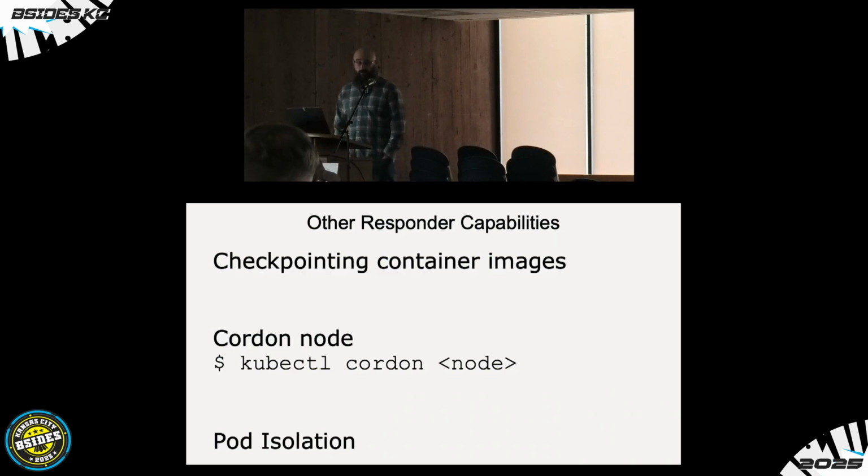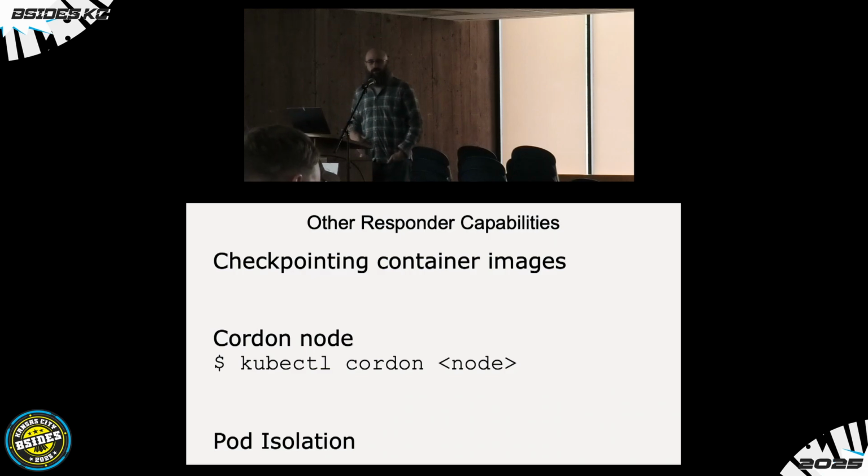We can cordon off a node. For XMRig itself, since XMRig got deployed as a daemon set, we don't want to cordon that off, because that's going to be every node in the cluster, and you'll just cordon everything off, and then Kubernetes, as it manages state, will just spin up 12 more nodes for you, and then XMRig will be on all of those as well, and it'll just be this never-ending process.